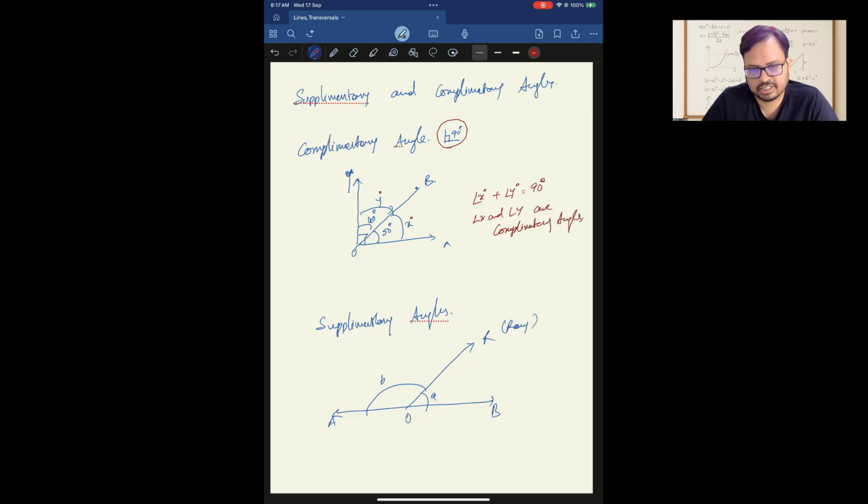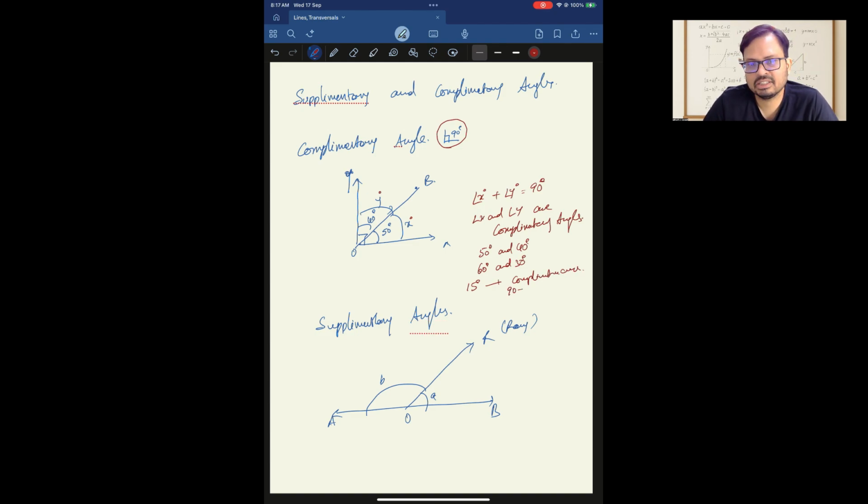What are supplementary angles? You know what a ray is, right? If a ray is standing on a line, it creates two supplementary angles. So a ray OR is standing on line AB. So it creates an angle A and angle B. Angle A and angle B are said to be supplementary.